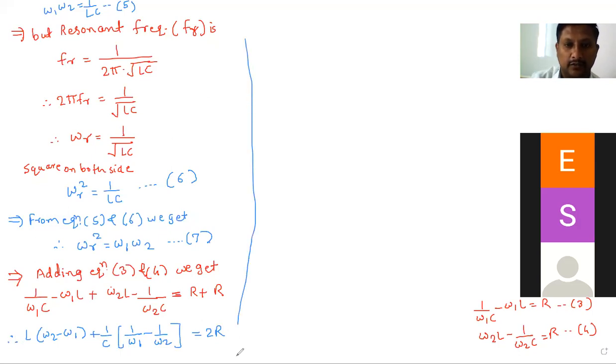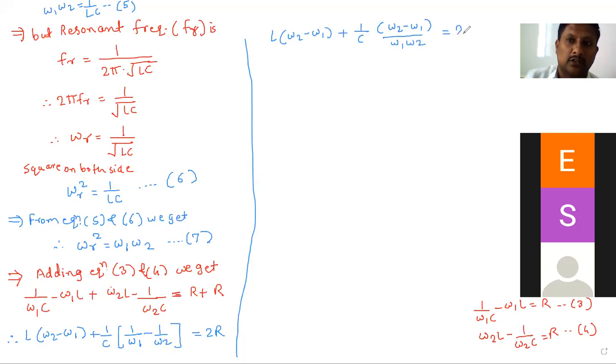Now next we can continue. Now L into omega 2 minus omega 1 as it is. Now next 1 upon C as it is. So you can solve this bracket, take the cross multiplication. So what is coming here? 1 into omega 2 minus 1 into omega 1 is omega 2 minus omega 1 divided by multiplication of omega 1 into omega 2.